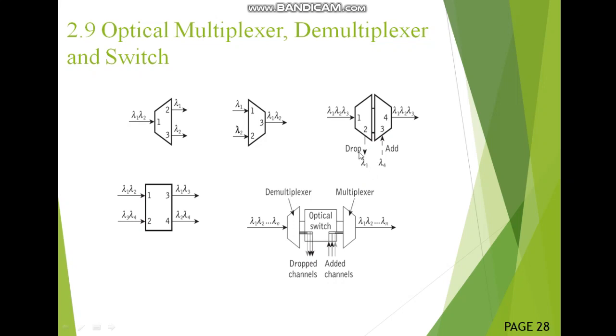So this is drop: 3 wavelengths coming, I am dropping one wavelength input signal. Here I am adding one more signal, lambda 4, and at the output two signals are transmitted. I have added one more, so I will receive 3 output signals. Clear? So this is my multiplexer and this is my demultiplexer.